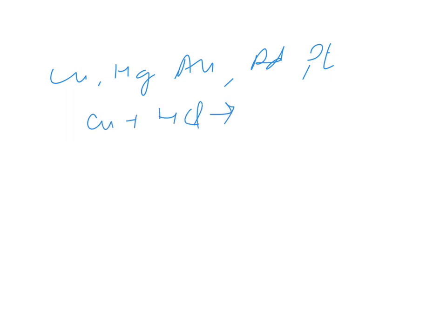Next, why do these elements, like copper, mercury, gold, platinum, and palladium, not dissolve in acid? That is, copper plus HCl, there is no reaction. The reduction potential of H plus is 0, and copper has positive reduction potential. Hydrogen is 0 and copper is positive.